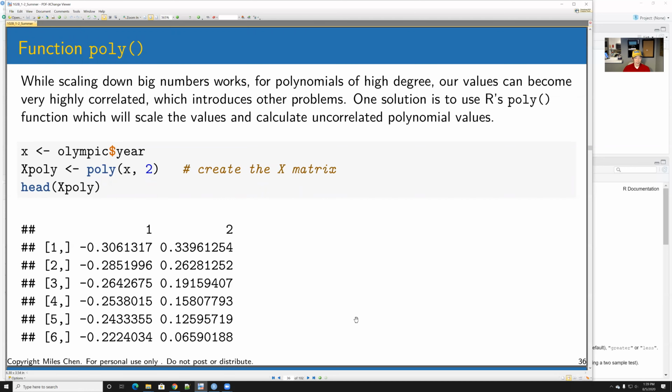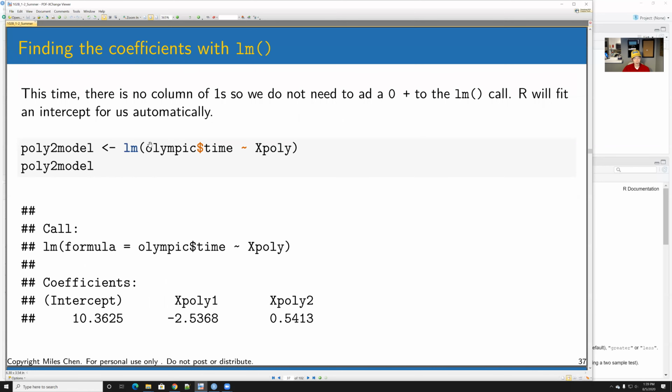So what we can do is use poly, which is a function that creates uncorrelated polynomial versions of all of this. You don't need to worry about the inner workings, but you can create x poly and it will do this. It doesn't do a constant term, and so we can fit models here.